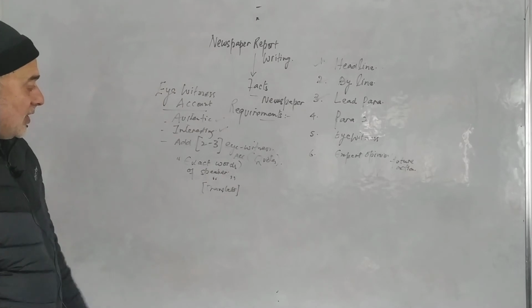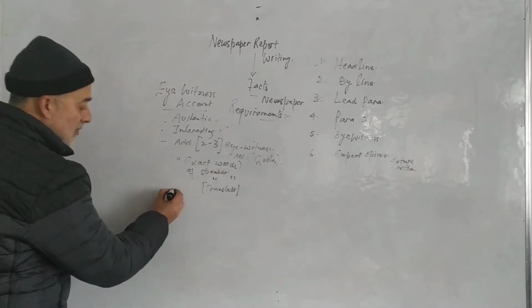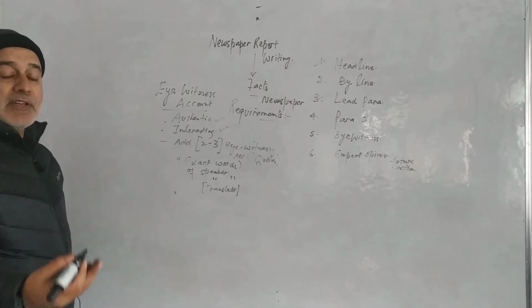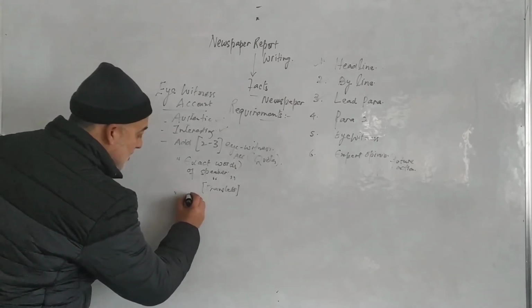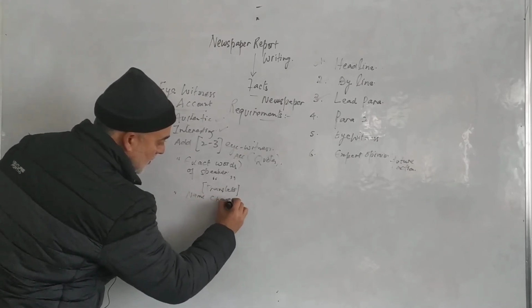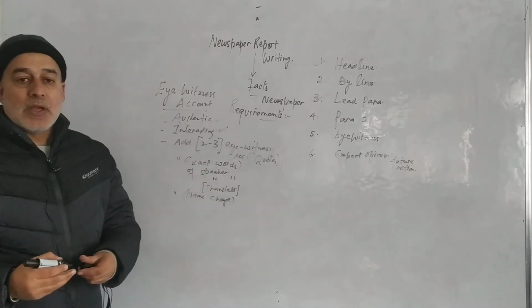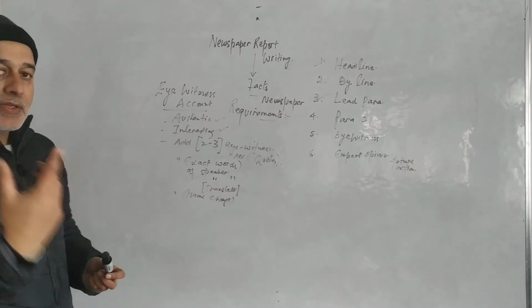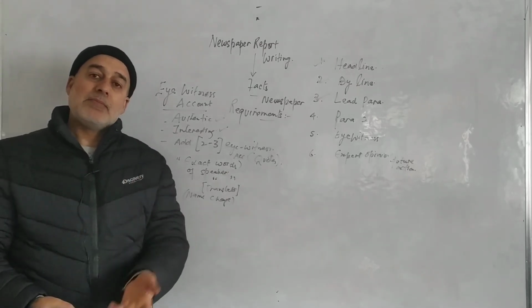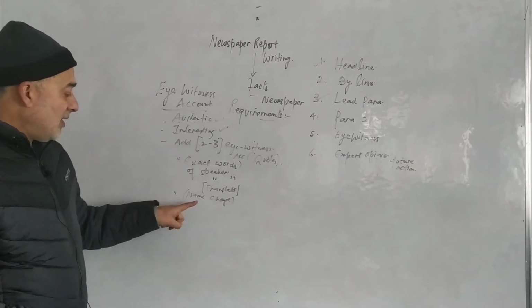Second important thing in eyewitness account, somebody may not be willing to give his name in public. If that is the case, you can write name changed. For example, Mr. Abid has been our eyewitness. He is not interested, or for some reason is not willing to give his name.